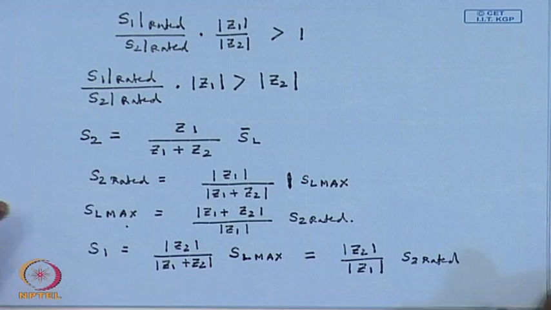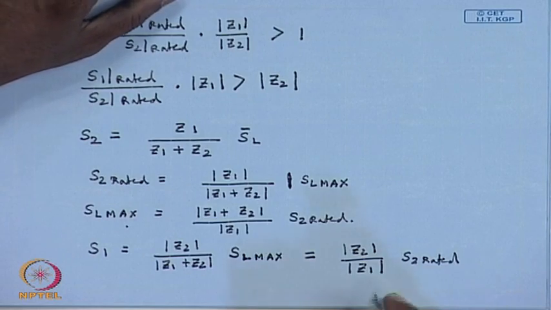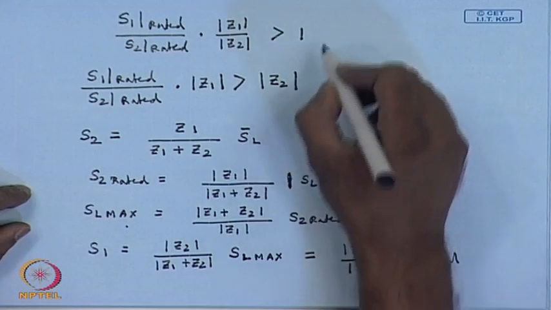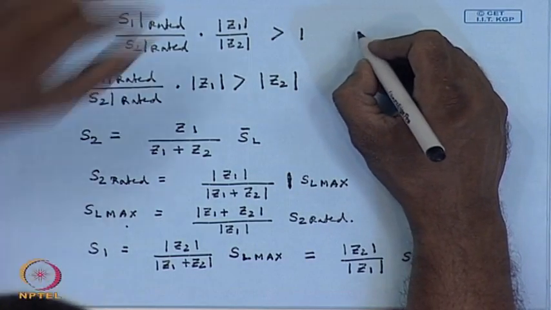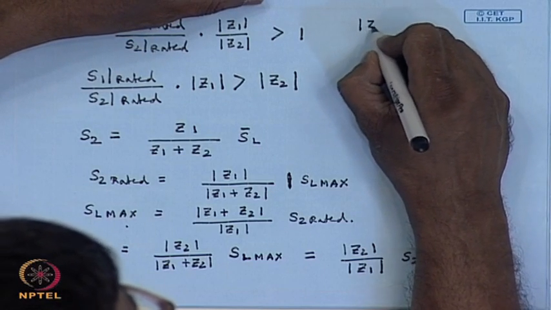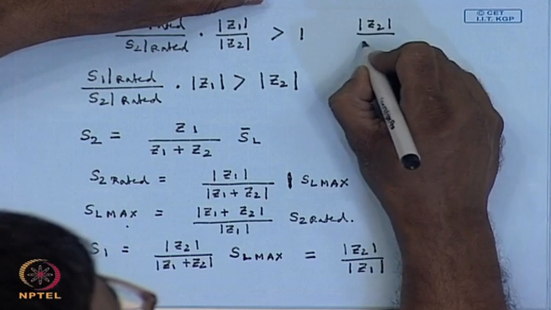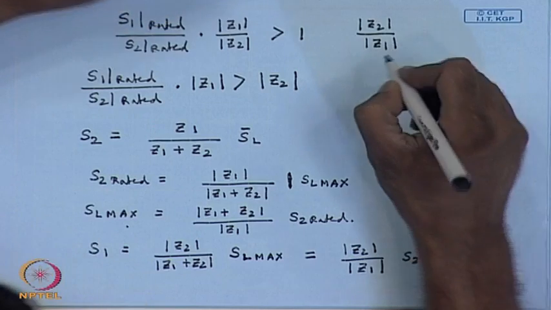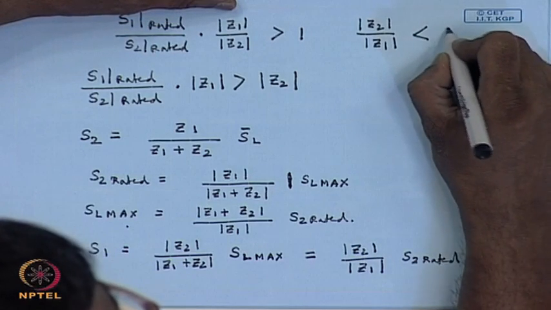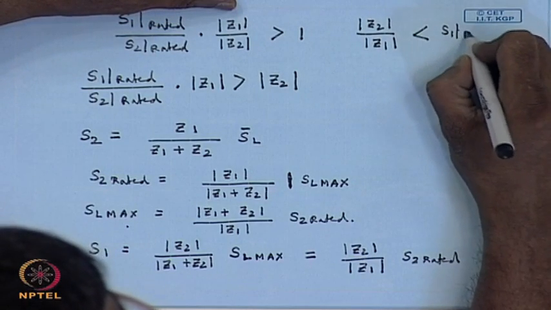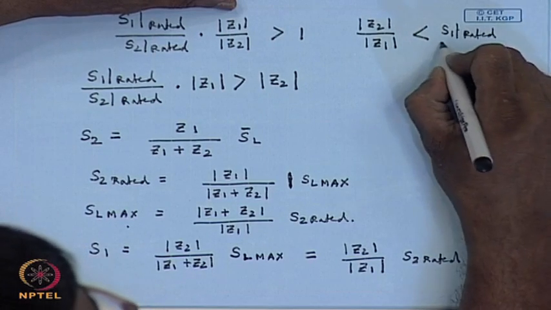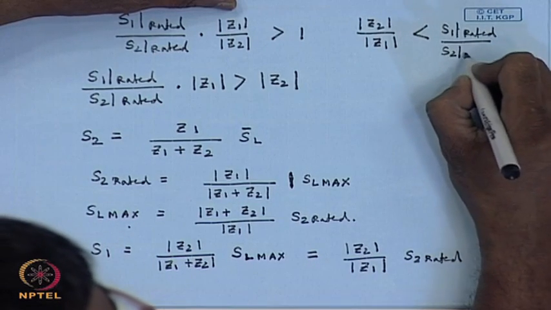But we have seen, from this relation, |Z2| by |Z1| is less than S1 rated divided by S2 rated.